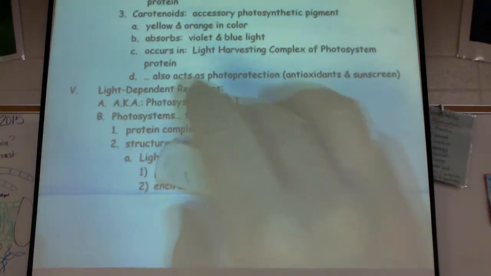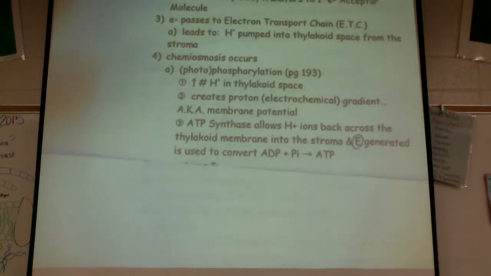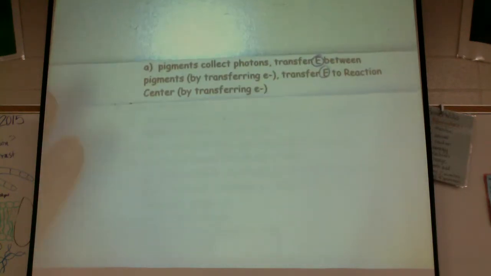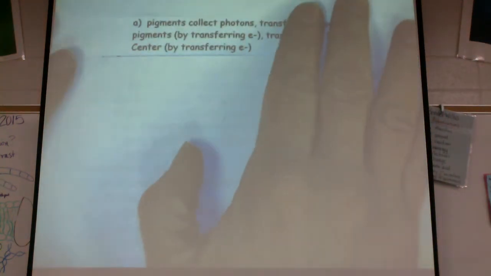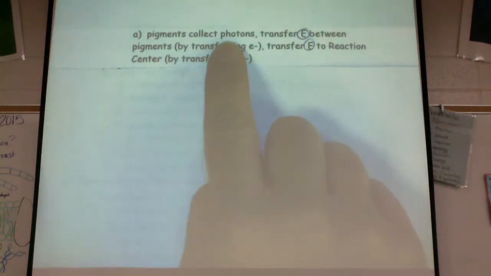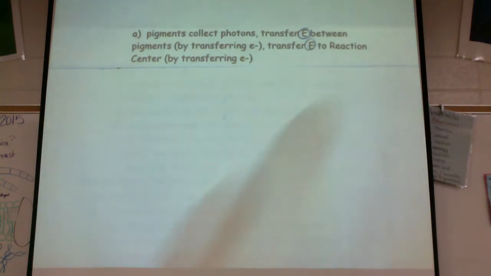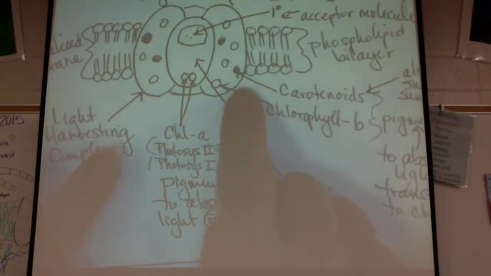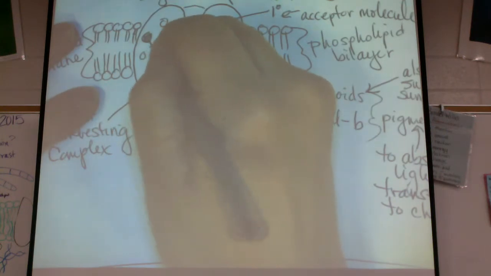And the general process that occurs there would include having these pigments collect the photons, that then transfer the energy by transferring electrons to the reaction center. So in other words, these little guys right here get all excited. When they get excited, they start flinging off electrons.